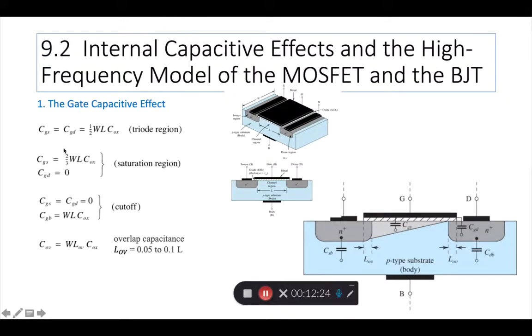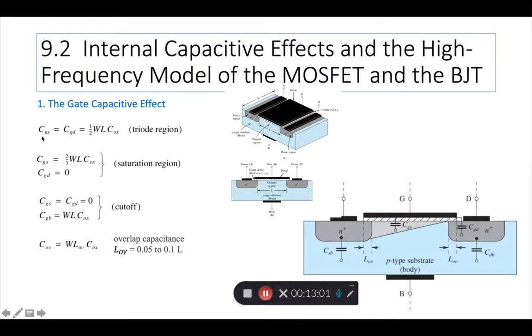Here though, what we see is CGS and CGD, you have to separate them into the triode region capacitance, the saturation region capacitance, and the cutoff region capacitance. So based on the physics of all this, which we are not going into, and it's not too detailed in the textbook either, let's assume that the physicists and the chemical guys who studied all this material are giving us the capacitance, so we just accept it.